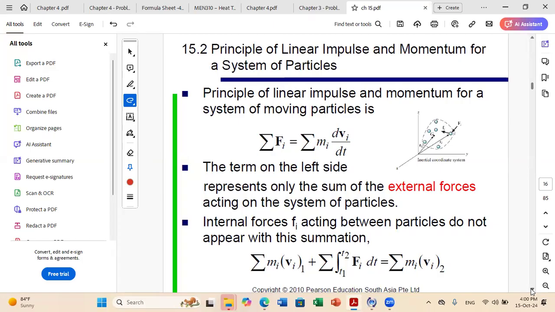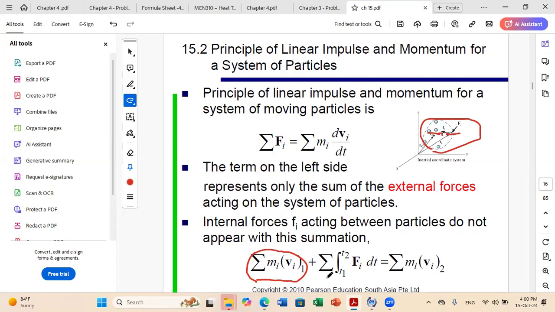Now, what if we have several particles? If we have several particles, we can apply the principle of linear impulse and momentum for the system of particles. What will happen then? You will consider the summation of linear momentums at state 1. When you have a system of particles, the internal forces will cancel out by action-reaction.